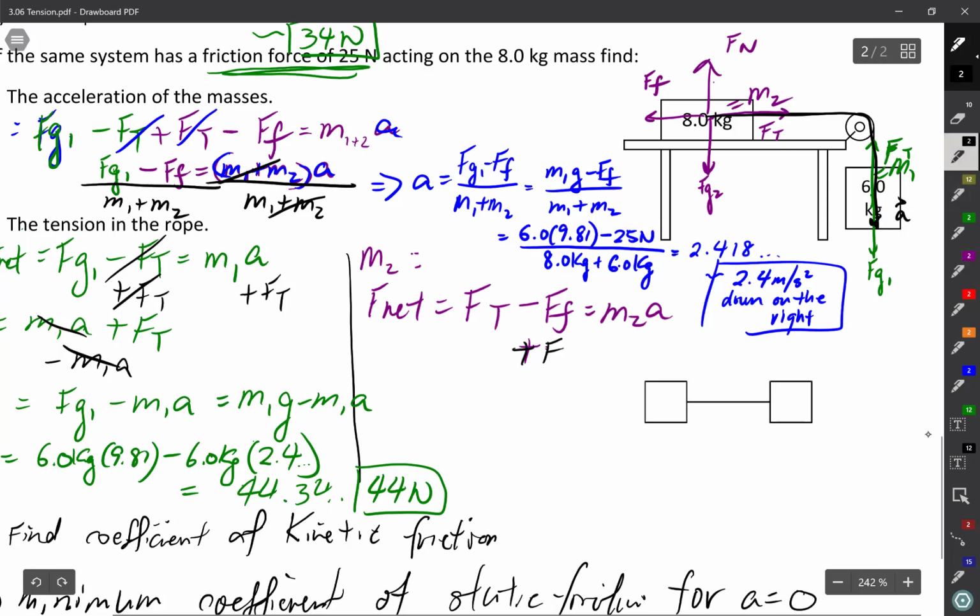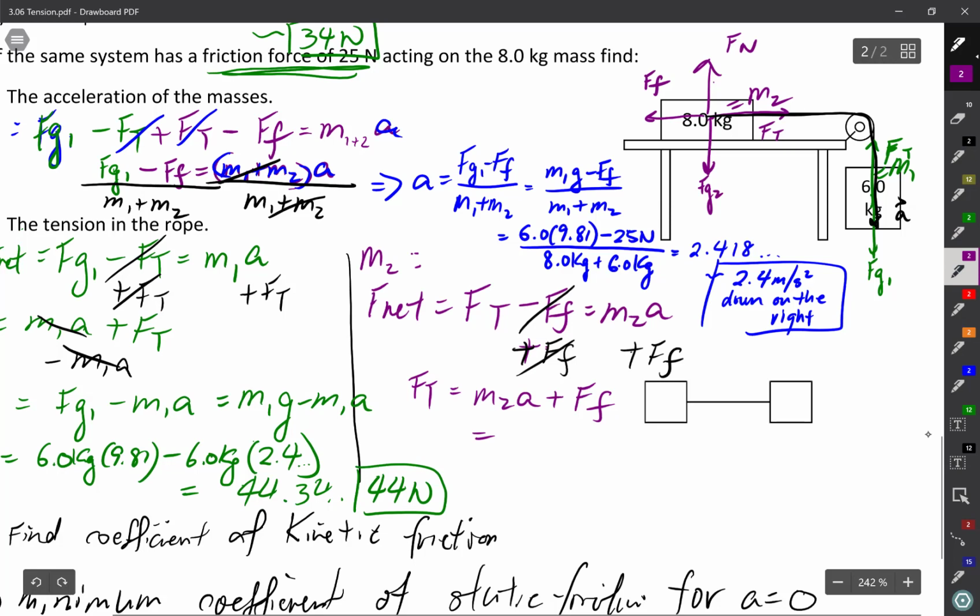The algebra for M2 just always seems a lot easier. So the more you do these problems, you'll find little tricks and easier ways to make your life a lot easier. Okay, so we have M2a.